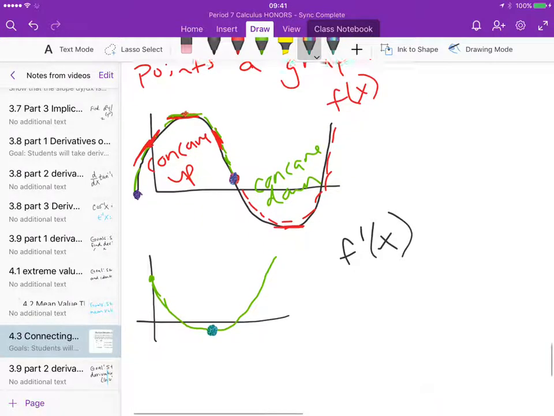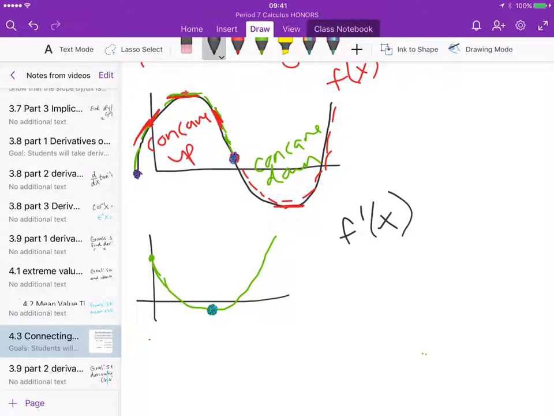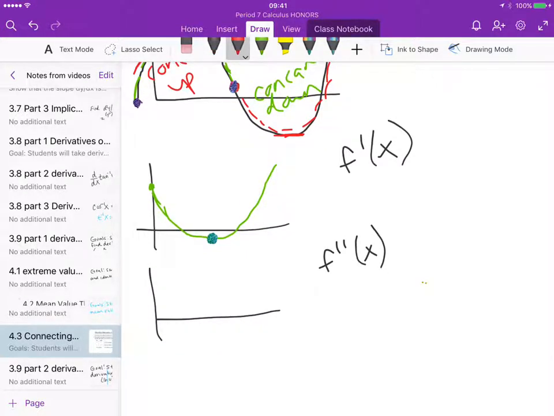And so if that's the graph of f prime of x, what about f double prime of x in this case? Well, now, this entire way down on f prime, that slope is negative. I hit my inflection point, and then my slope is all going to be positive.